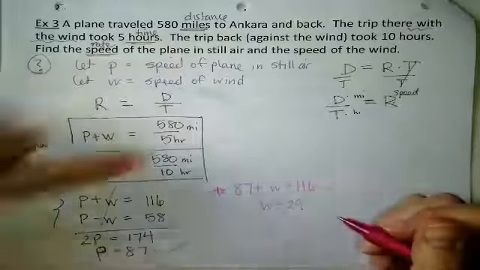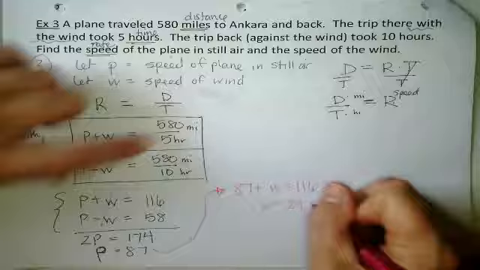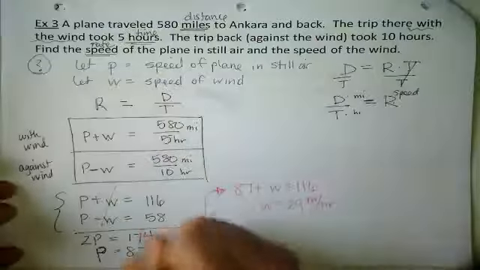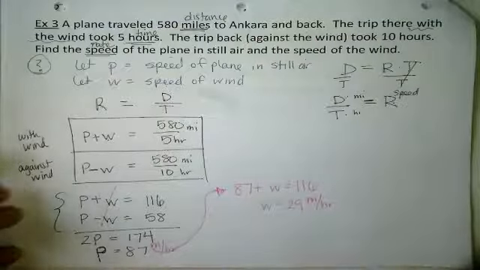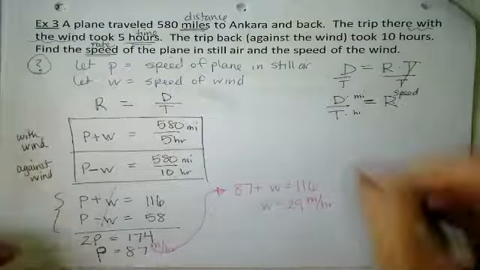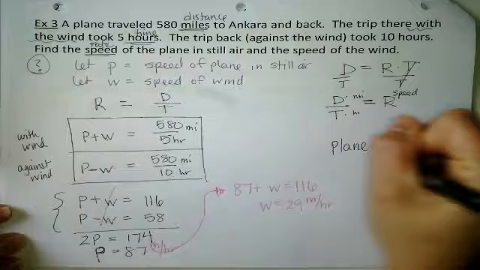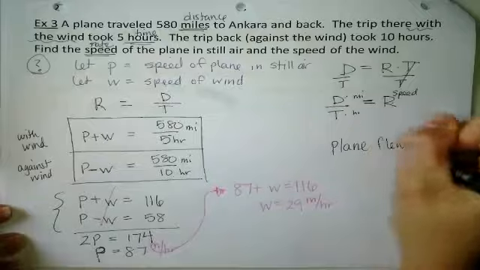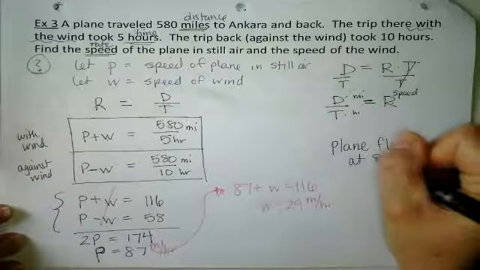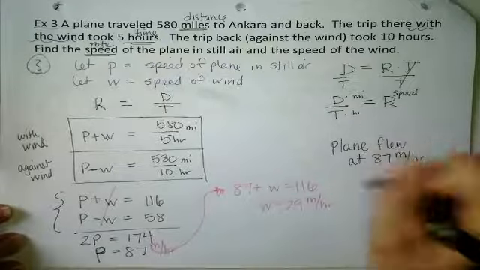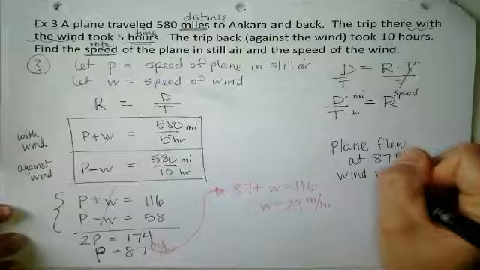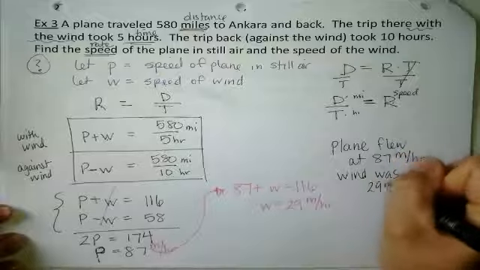And it is a speed, so the units are going to be miles per hour, and that's important. All right, so the plane in still air flew at 87 miles per hour, and the wind was 29 miles per hour.